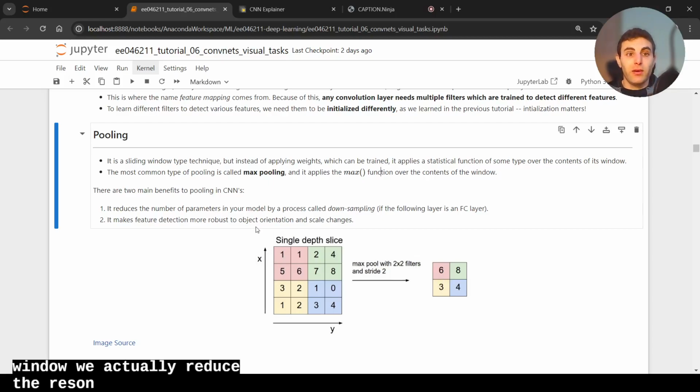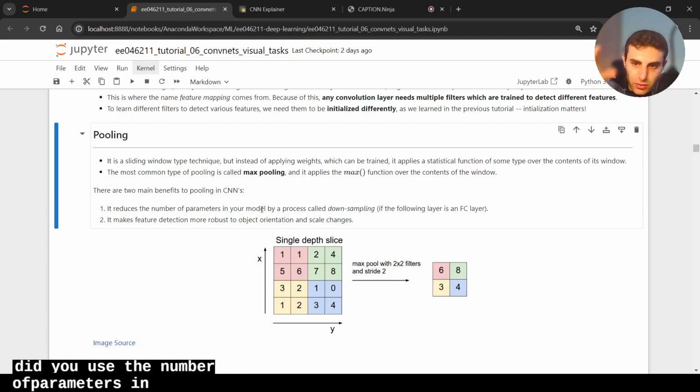Nice. Now, there are two main benefits to pooling in CNNs. The first is that it reduces the number of parameters in your model because it downsamples the image. If you have a fully connected layer, then eventually you'll need to flatten your features, and to reduce the number of parameters in the fully connected layer, you want to reduce the input by reducing the spatial dimension.